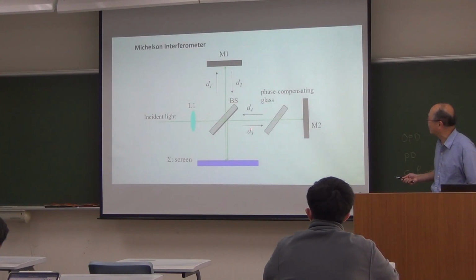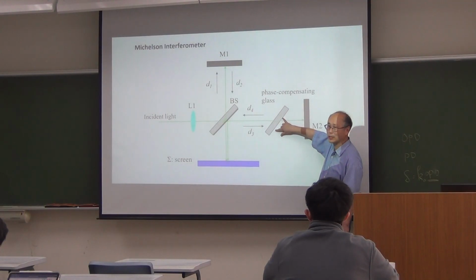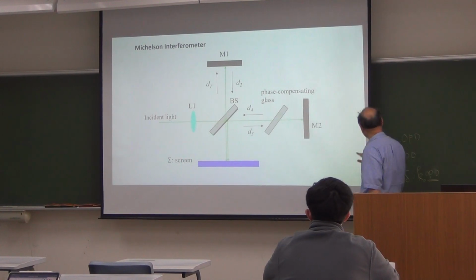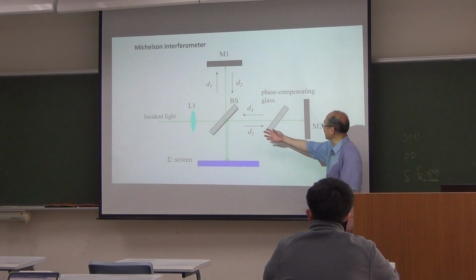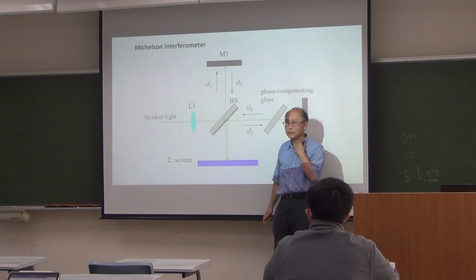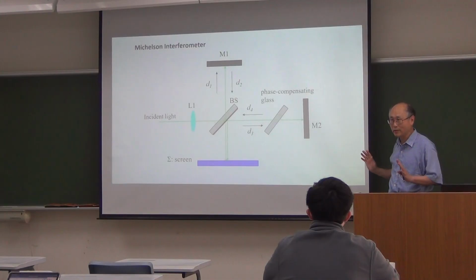If D1, D2, D3, D4 are the same, then we have to put this glass slab into the path to make the optical path difference the same along this direction and also along this direction. You understand why I'm struggling, right?